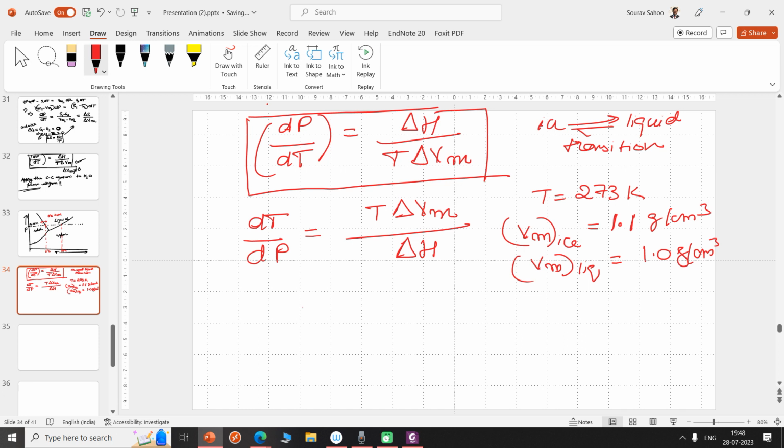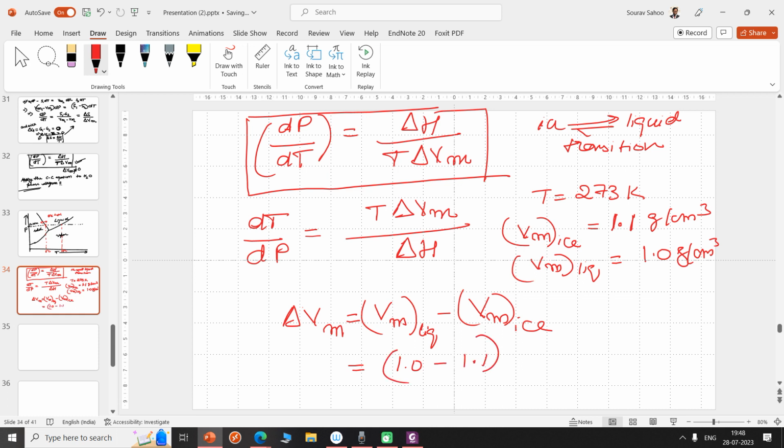So straight away you can see my delta Vm, and in thermodynamics it is always final minus initial. What's my final state? Since we're talking about the ice to liquid transition, the final state is liquid. Ice was the initial state. So liquid has a volume of 1.0, ice has 1.1 gram per centimeter cube.